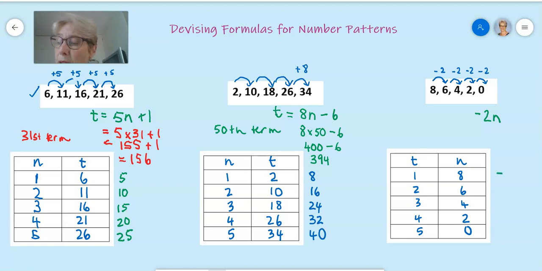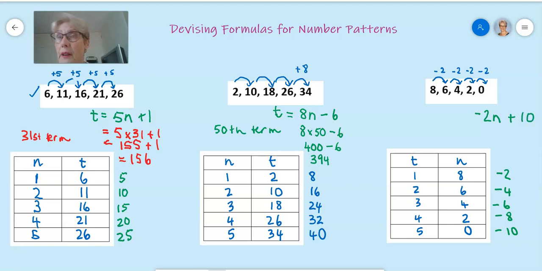So we've got -2, -4, -6, -8, -10. Now, to get the second part of our formula, let's work out the difference between -2 and 8. What do I need to add to -2 to give me 8? I need to add 10.